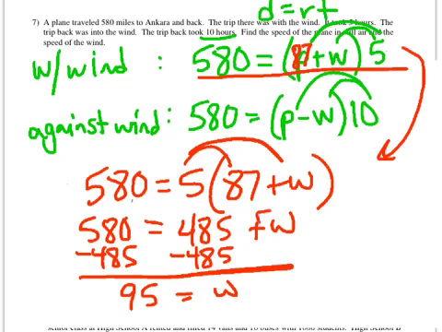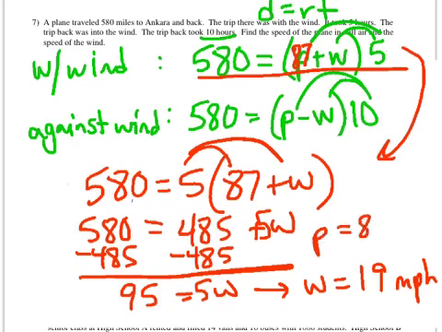Oh, sorry, 5w was here, so 5w equals 95, and then divide that by 5, and w equals 19. That makes more sense. 19 miles per hour. Okay, and so our plane speed was 87 miles per hour, and our wind speed was 19 miles per hour.